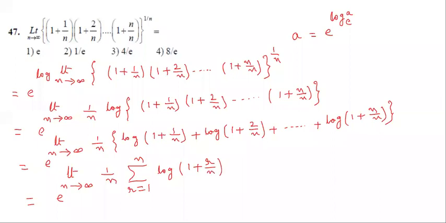Students, all of you understood? Here 1, 2, 3, 4 and so on, up to n, increasing. So finally we can write e power integration 0 to 1 logarithm of 1 plus x dx.